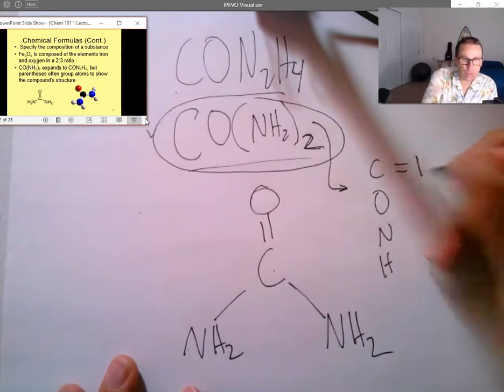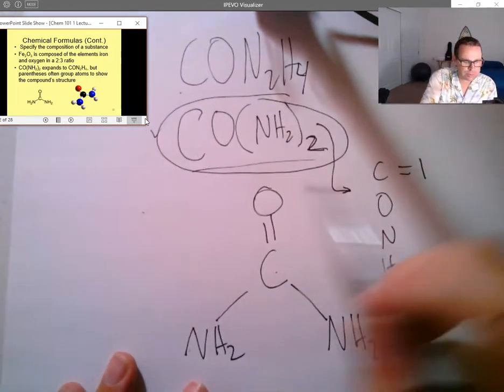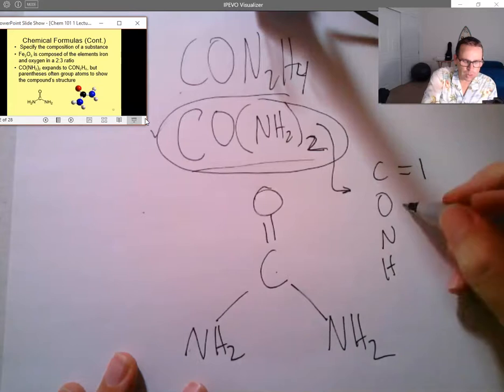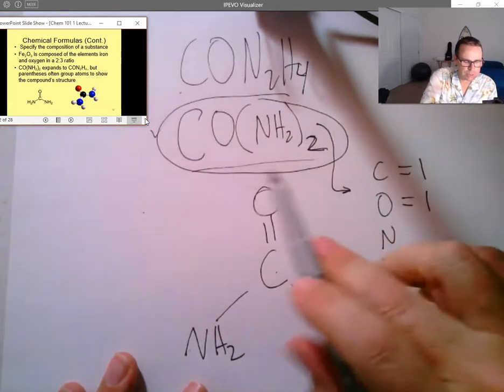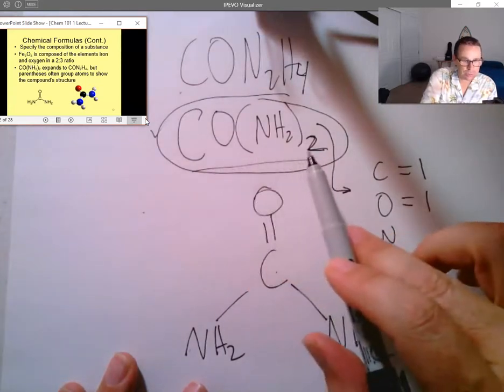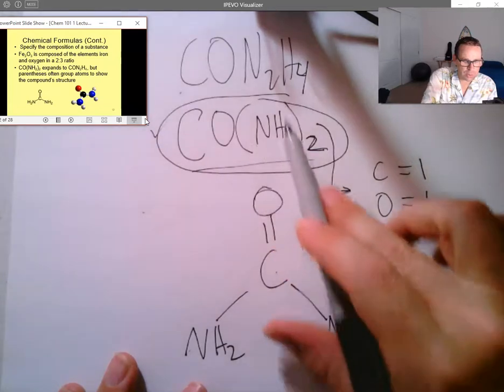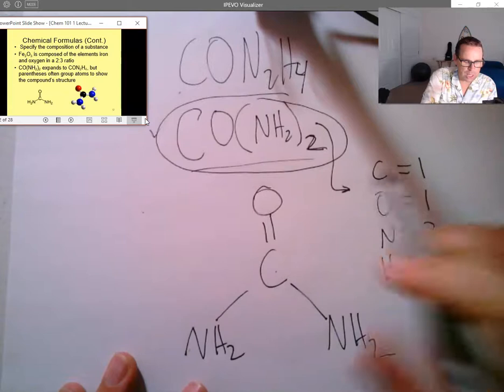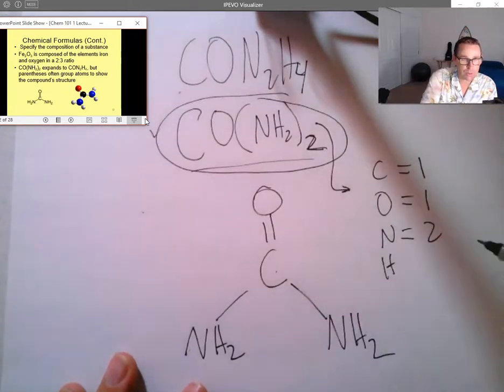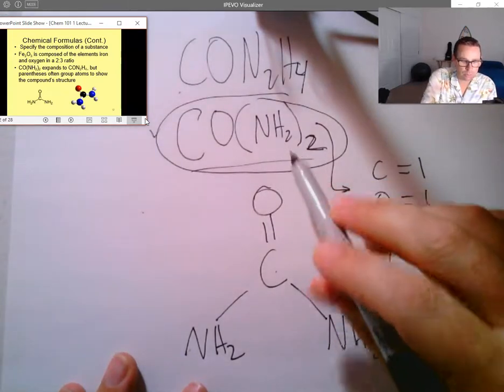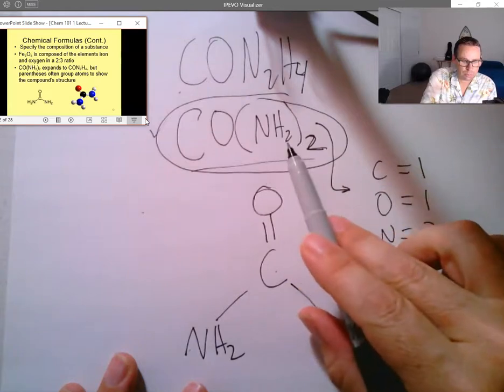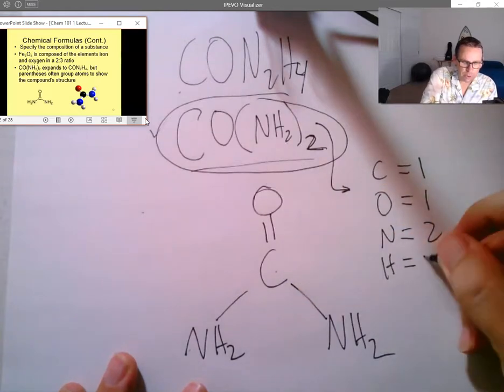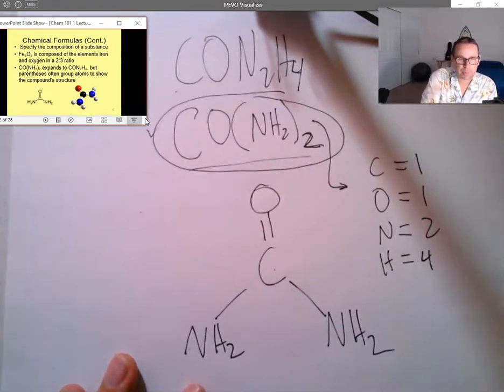One. One carbon. How about oxygens? One. How about nitrogens? Two. One NH2 in here, but there's 2 of them. So we have 2. And hydrogens? Four.